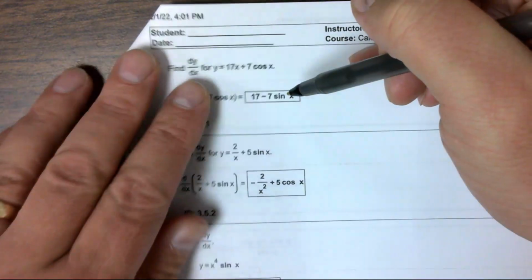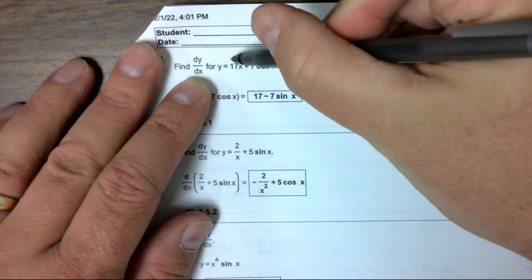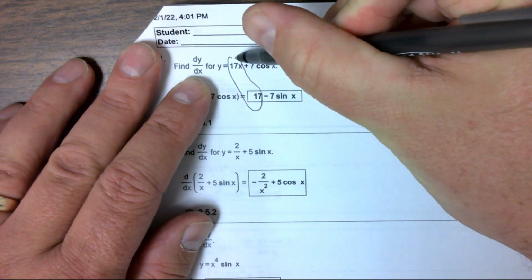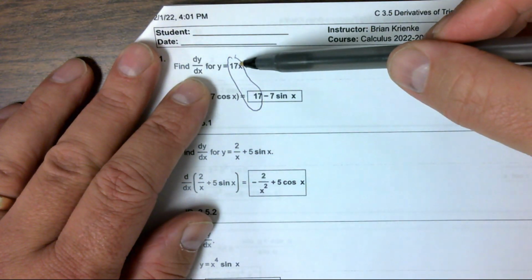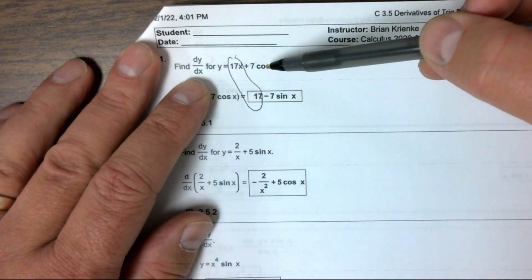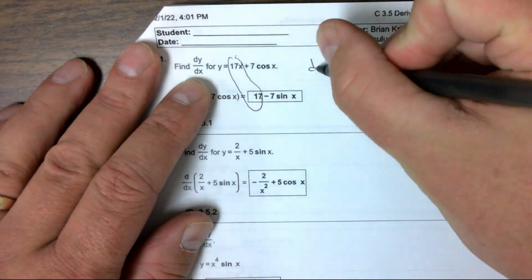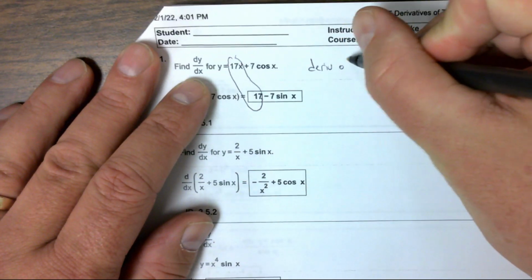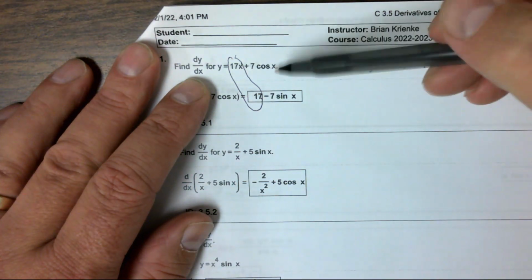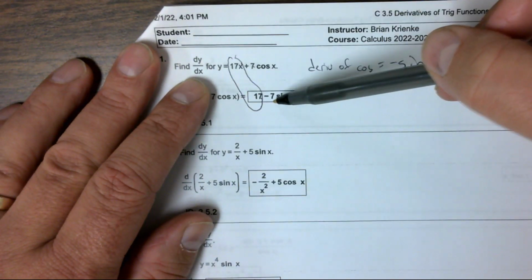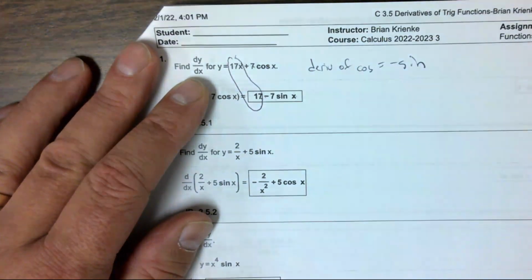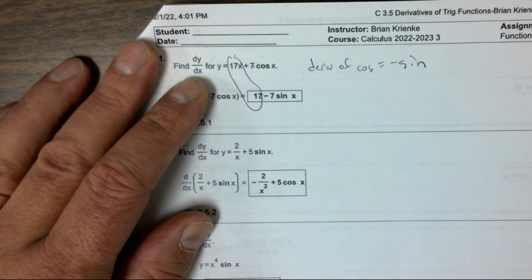So the first thing is you have a plus sign and you have 17x, and when you take the derivative of 17x, it's just 17. And then the derivative of cosine is negative sine. So that means the 7 comes down and then it changes to negative sine. That's basically it.